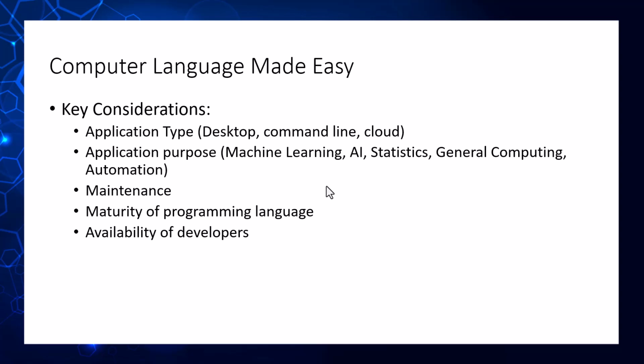Maturity of programming language. I see this a lot where companies and even individuals decide to build software in the latest programming language because they say, hey, look, this is really top of the line and this is going to future-proof me and all of that. And then they go out and try to hire people to do it, and because there aren't a lot of programmers on that platform, they might charge higher hourly rates for developing the software.